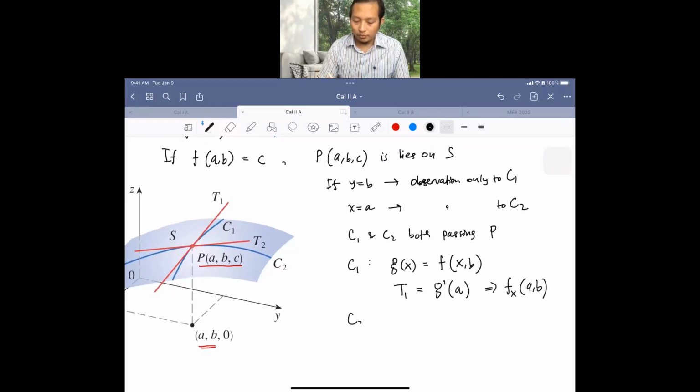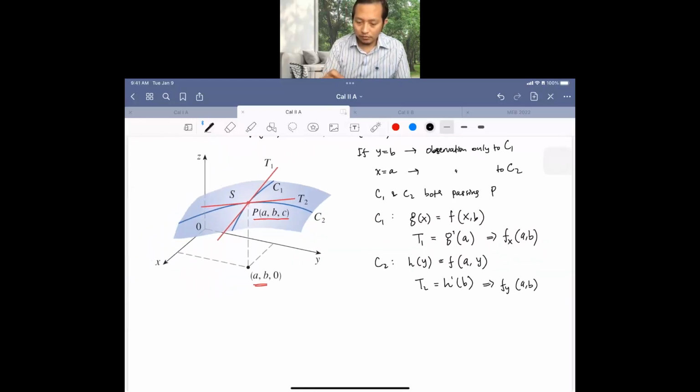At C2, the constant will be x and the variable will be y. We write as T2, or partial y AB.